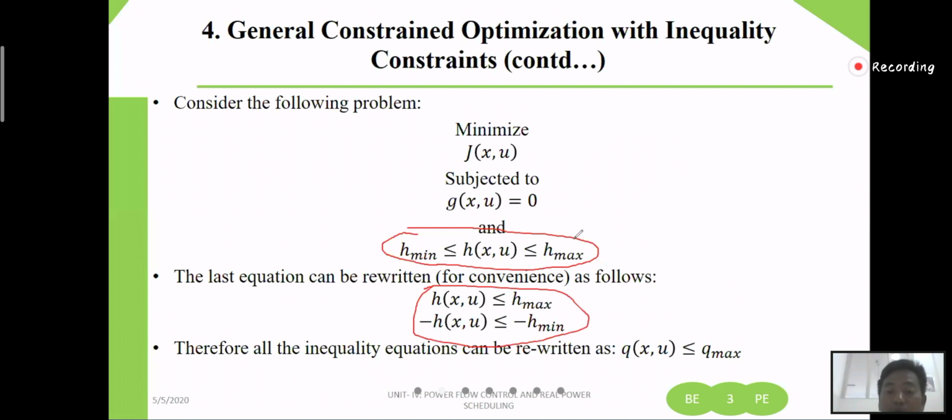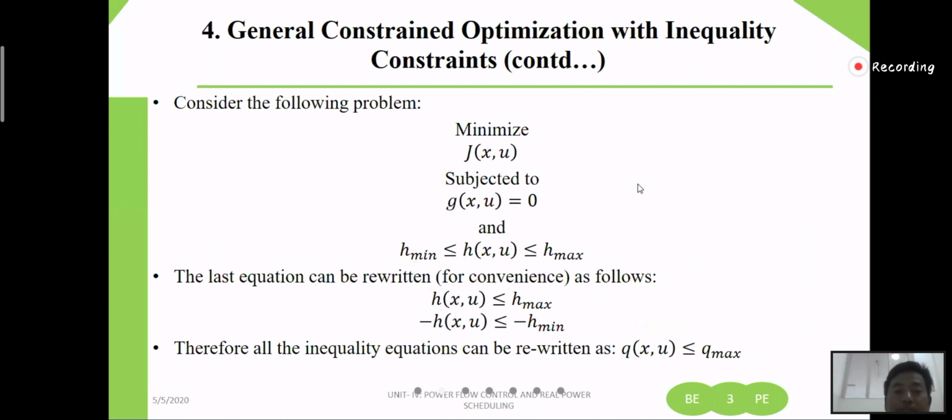Okay, so for our convenience in solving the problem, we will rearrange this and write it as an inequality constraint. The method to solve will remain the same, but here what you have to do is consider the inequality constraint.